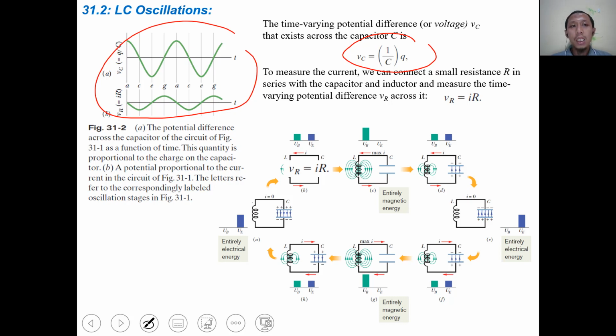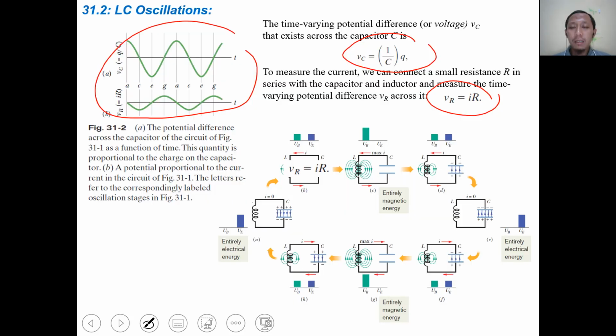And then if we connect an inductor like this, as we discussed before, and then if we insert a resistor in the circuit, we can measure the voltage of the resistor by I dot R. So this is the voltage of the resistor.